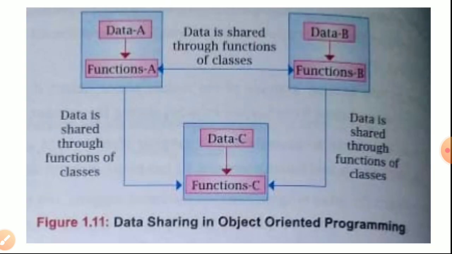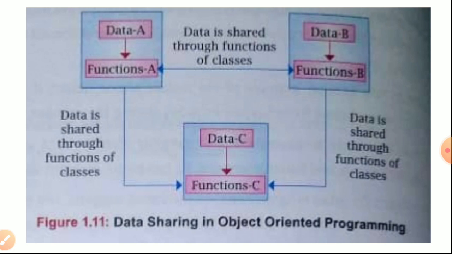Now let's see how object oriented programming is different from POP. Whenever I use the term POP, understand it's procedure oriented programming, and whenever I say OOP, it's object oriented programming.